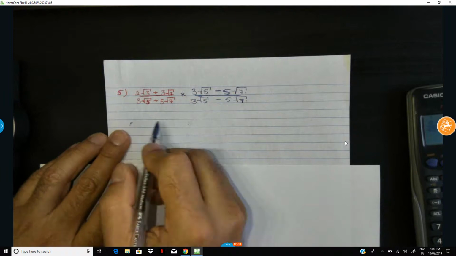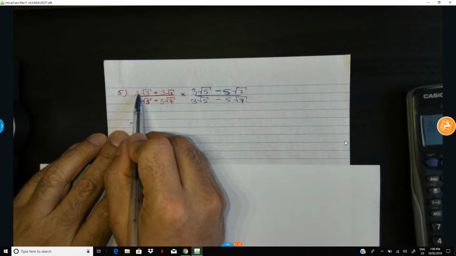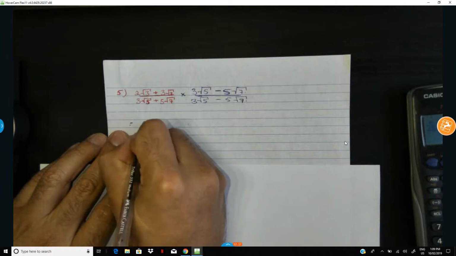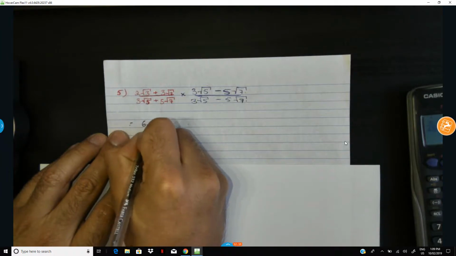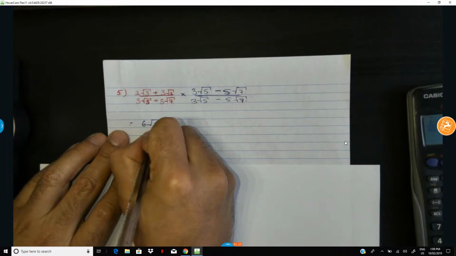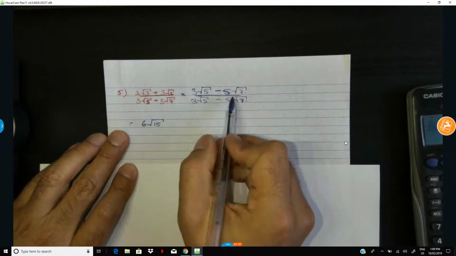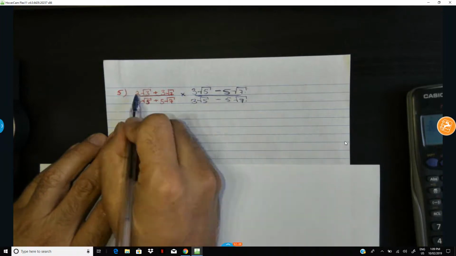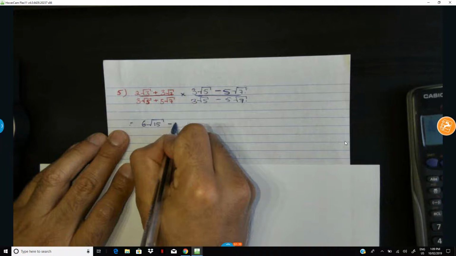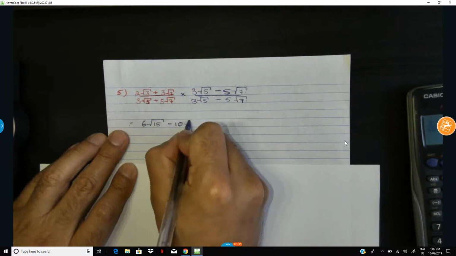If I do the top, this term multiplied by this term, so 2 times 3 is 6. Square root 3 times square root 5 is square root 15. Now it's this term times the last term. So 2 times negative 5 is negative 10, and square root 3 times square root 7 is square root 21.